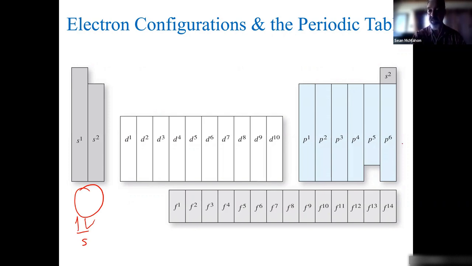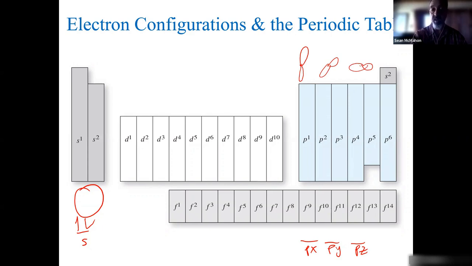And now with the p, there's 6 positions. Why is that? Well, I can have a px, py, and a pz, so 2 electrons in each.